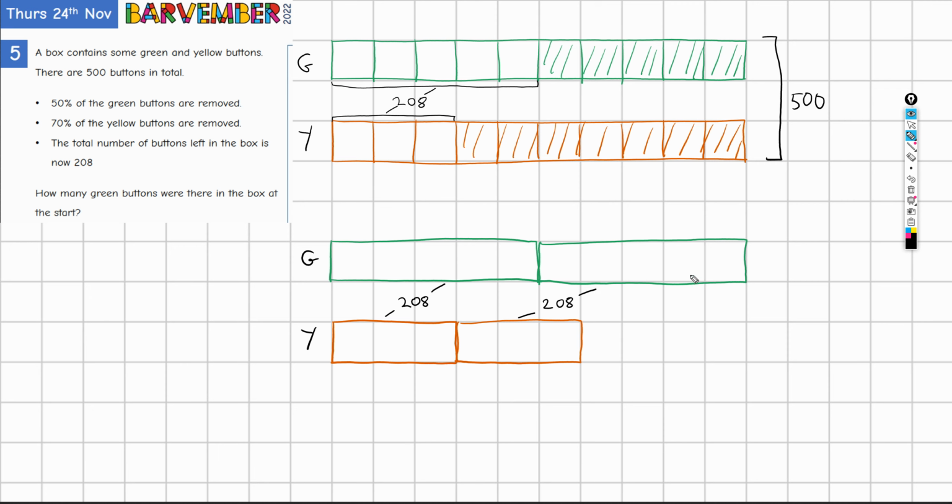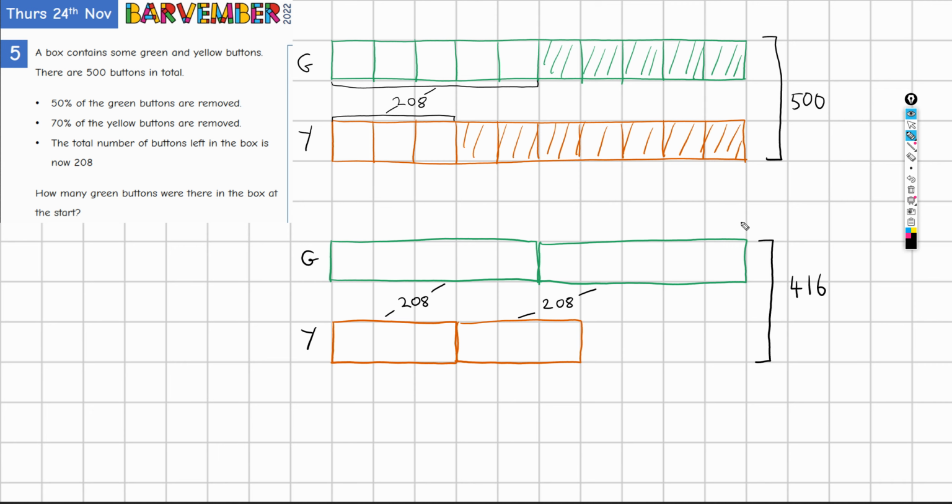So what does that tell us? That tells us that this model has a value of 208 times 2, which is 416. Now, you might be seeing where I'm going with this.